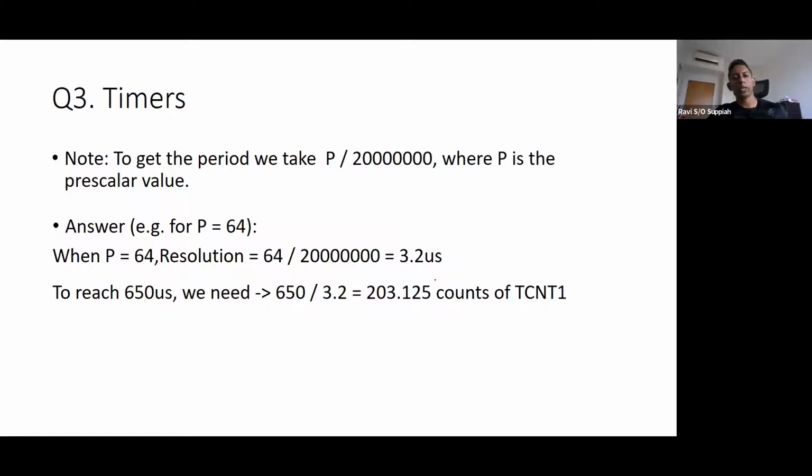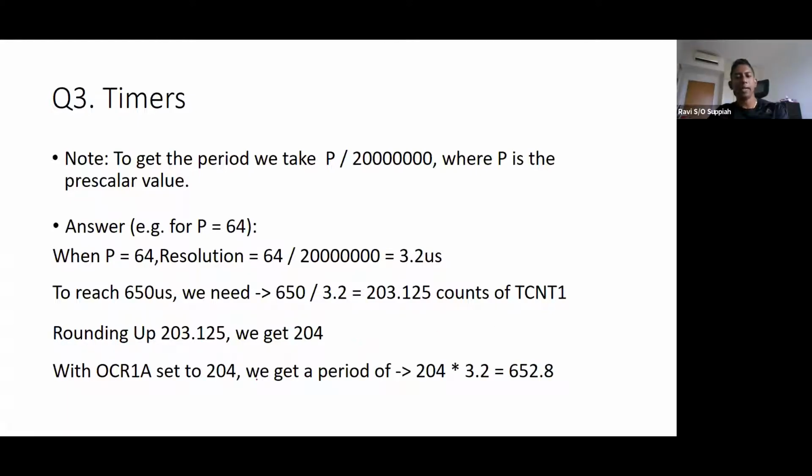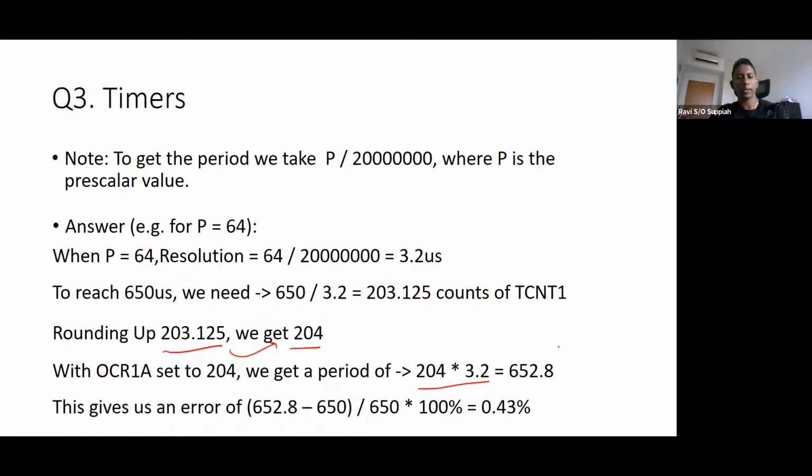In order to reach 650 microseconds, you divide it by 3.2, so you get some value, and we are told to round up. In this case from 203.125, we round up to 204. So we get a period of 204 times 3.2, which is the actual period that we get. This is 652.8, and we wanted 650, so there is an error of 0.43%.